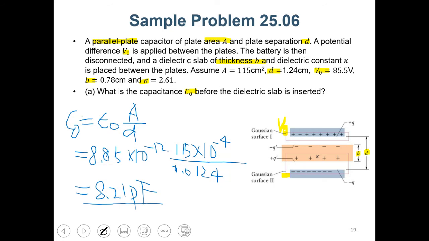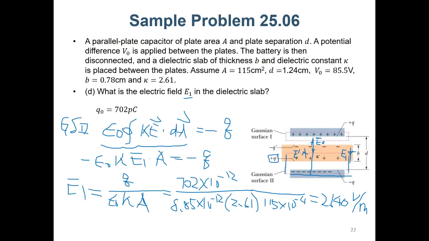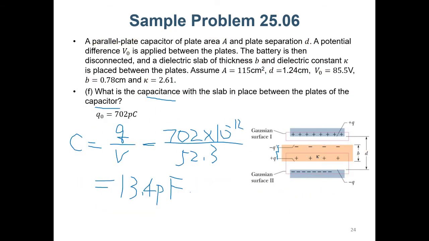So if this slab has a thickness of D, then you can imagine C would be 2.61 times this one, which would be around 20 picofarad. But as long as this one is around half of it, a little bit more than half of the separation, it just increases the capacitance from 8.21 to 13.4, not really to 20 picofarad.